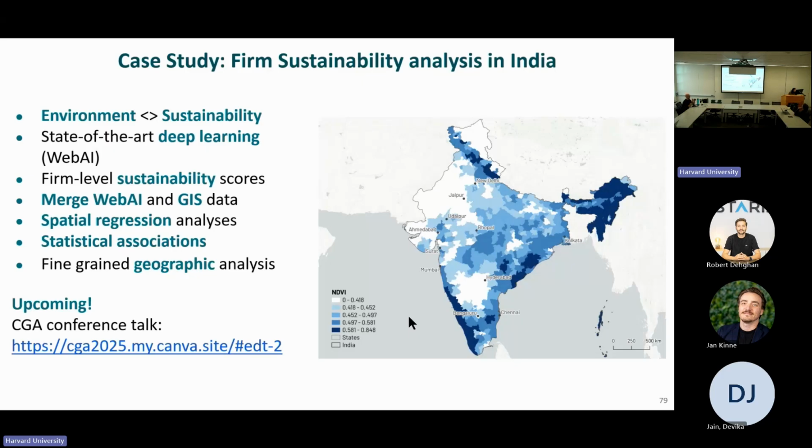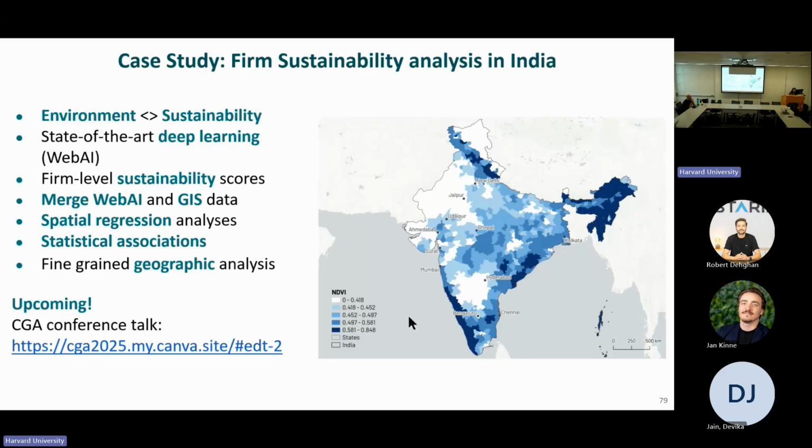And my colleague Sebastian has already described the details of this use case, but we will present our preliminary findings in the conference talk on the 23rd. And one of the key things which I have found with this data set is that it allows you to do a very fine-grained, granular analysis. As we are seeing, geospatial is moving more towards big data and AI-based data, which helps us to do more fine-grained analysis.